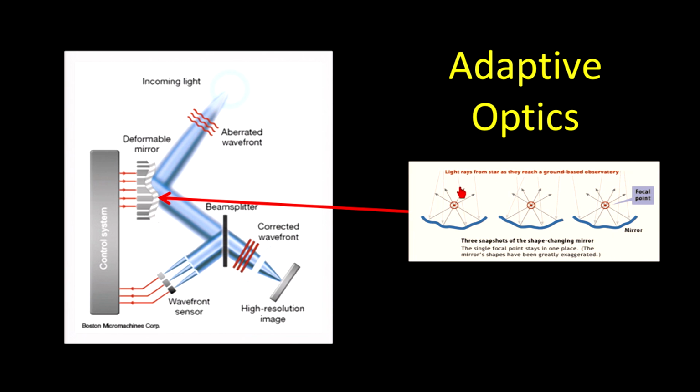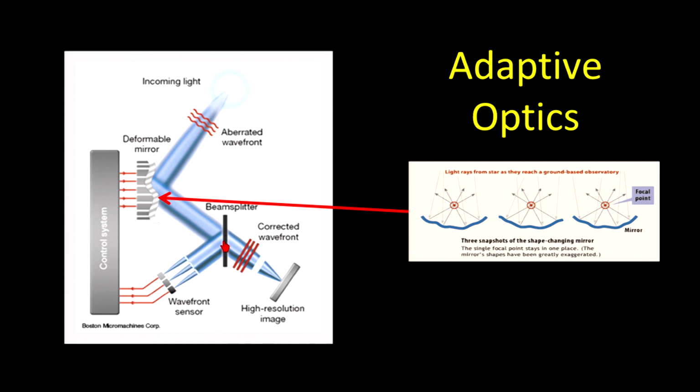So what you'll notice is, even though the light is coming in a distorted fashion, the deformable mirror will basically solve that or counteract that problem, constantly keeping the light at a perfect focus. So the light comes in, it bounces off this deformable mirror, and then eventually that light is now perfectly crystal clear, high resolution light that gets recorded by your instrument.